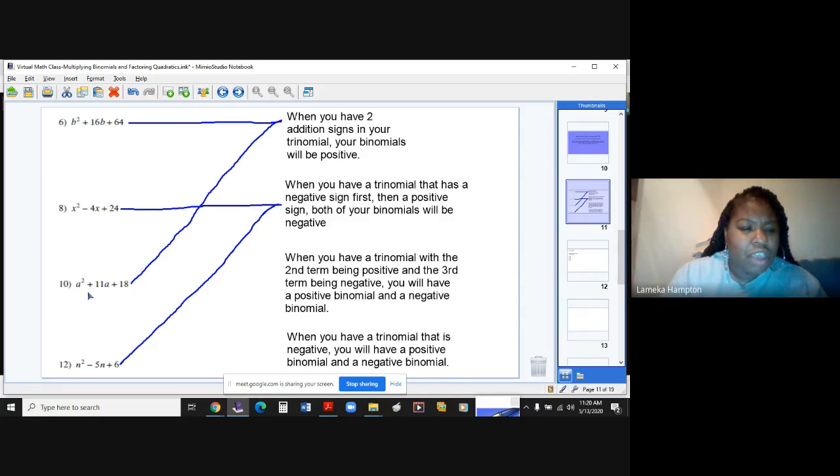And we did the same thing here for numbers 10 and 12, and we just matched those. So now we are going to prove this point to see if we are absolutely correct. Again, we are just reinforcing the rules of factoring trinomials and making sure we understand how the process works.